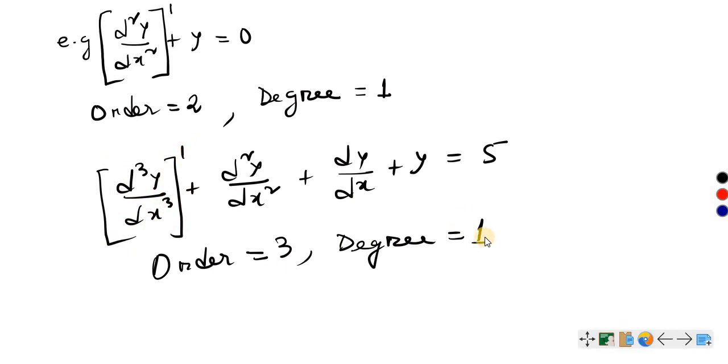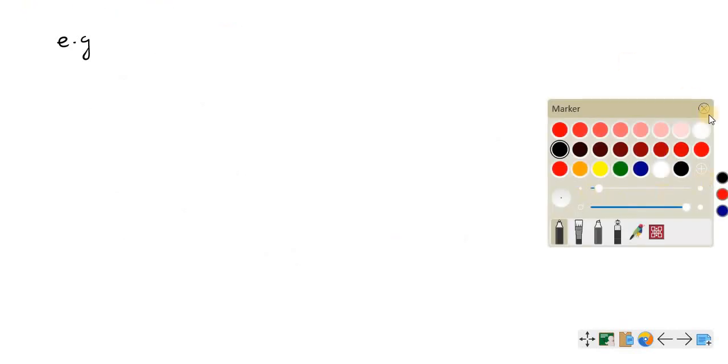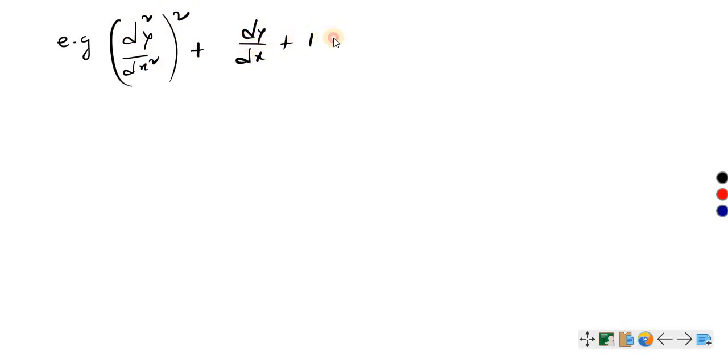Let us see another example. Suppose I have written another differential equation, d square y by dx square, and this is squared again, plus dy by dx plus 1 is equal to 0.